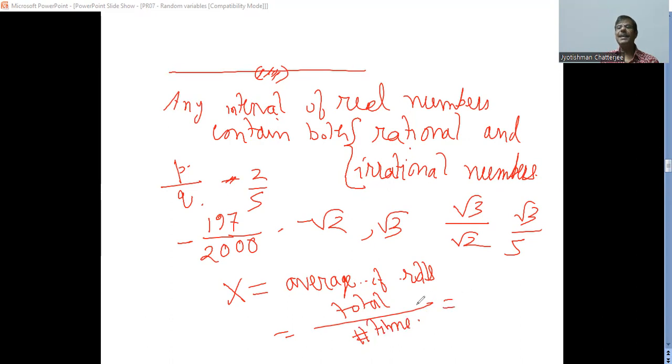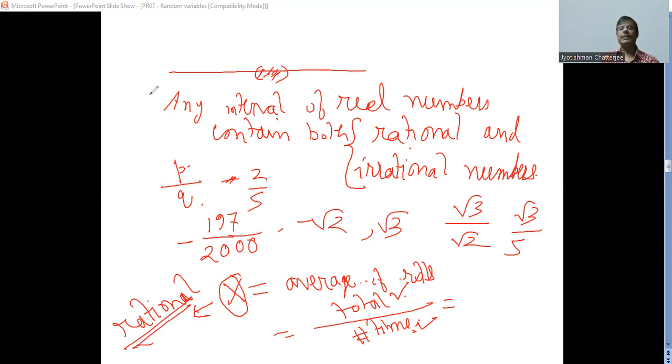And both of these things are integers, right? When you add all those rolls, you get an integer, and also the total number of times is also an integer. So it's an integer divided by an integer. That's why x value in this example must always be a rational number.